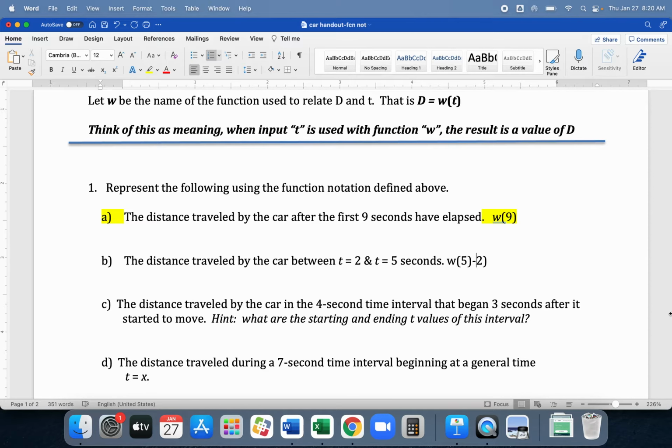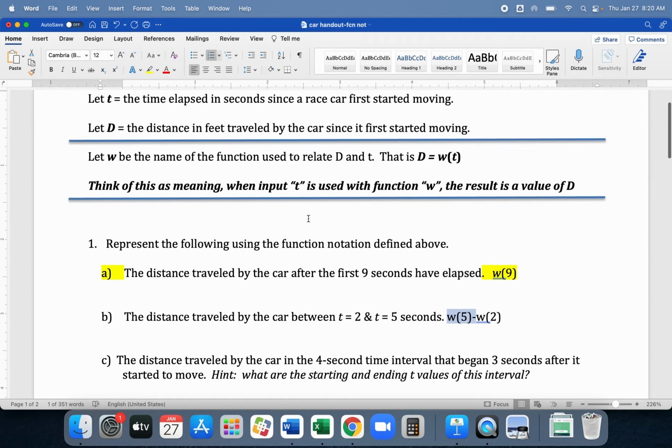How about this? W of 5 on its own tells me how far it's traveled after 5 seconds. Maybe it's traveled 100 feet, I don't know. Or what are we measuring in? Meters, feet? Feet?